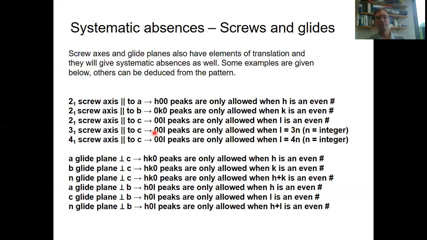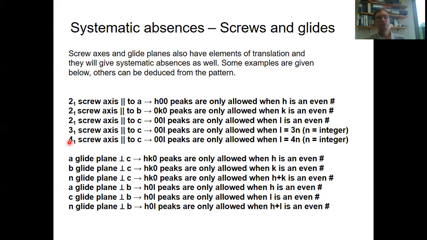So we would be able to see the 003, the 006, the 009, and so on, but we would not be able to see a 002, for example, or a 004 or a 005.